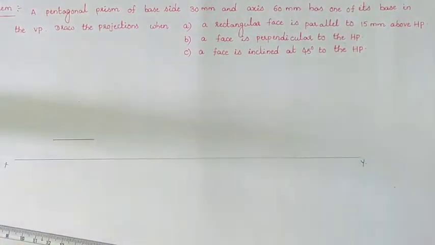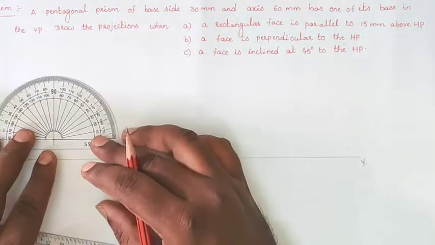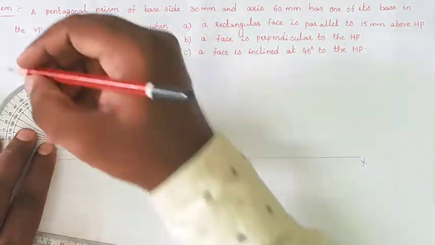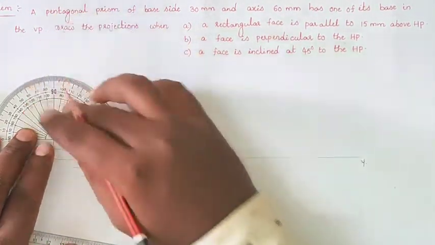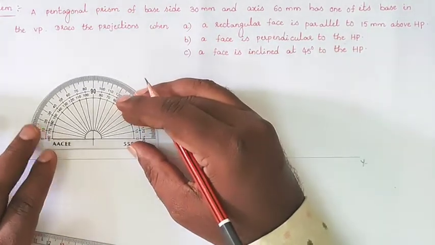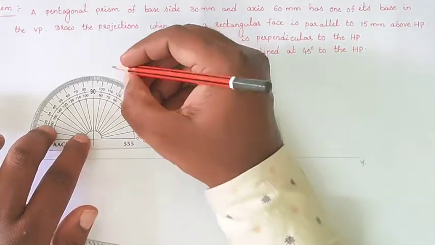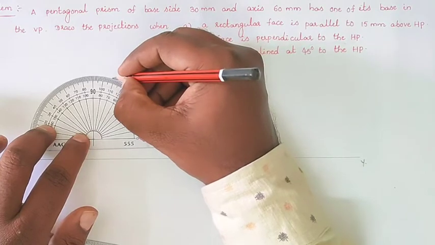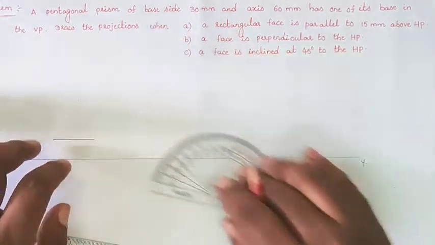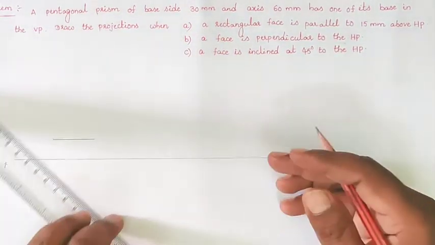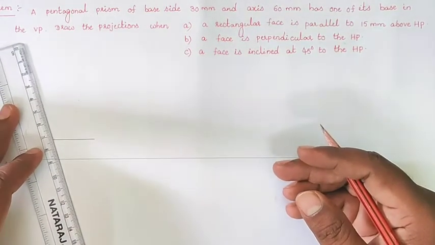After drawing a side, we will construct a pentagon by making an angle of 72 degrees, using the exterior angle method.